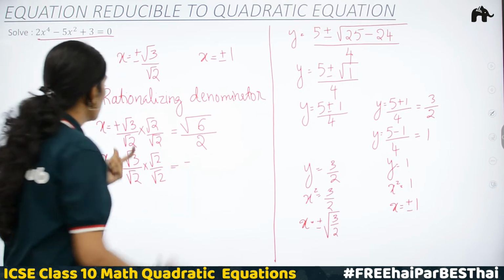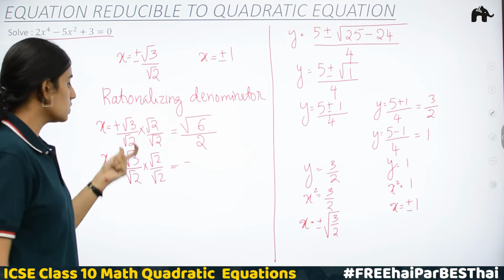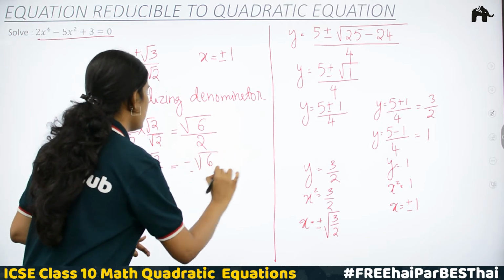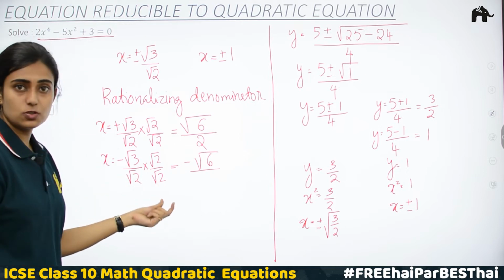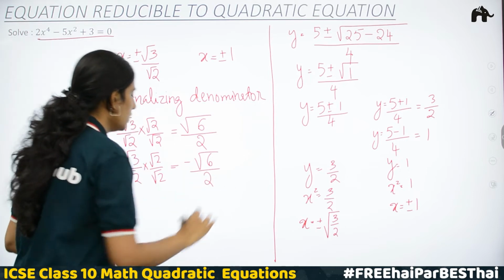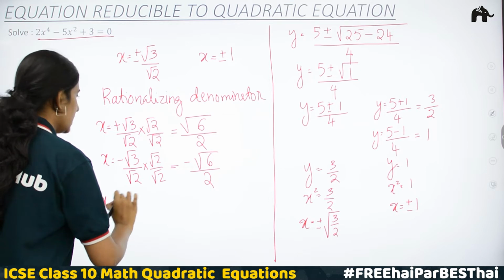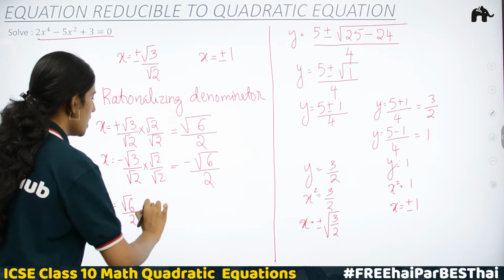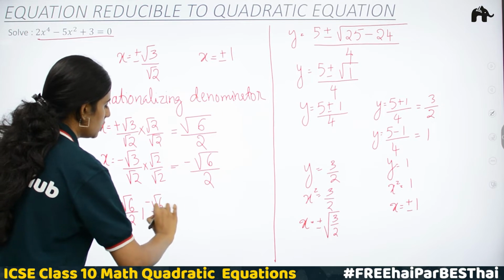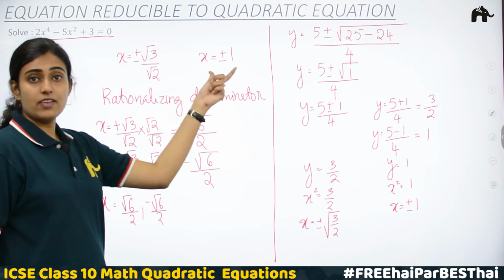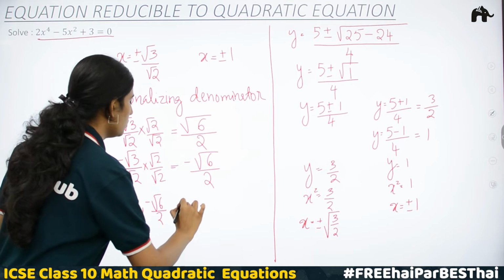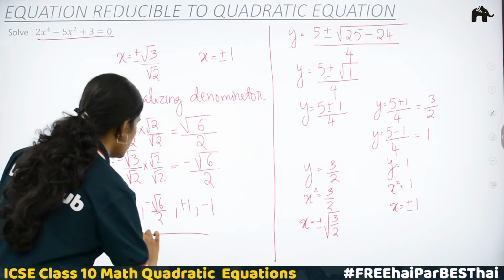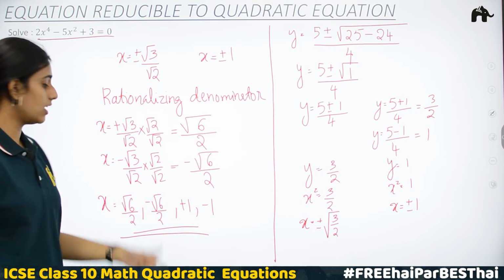Minus root 3 into root 2, that is root of 3 into 2, minus root 6 divided by root 2 into root 2 is 2. Okay. So, the values of x are x is equal to root 6 by 2, minus root 6 by 2. Then, we have two other values. X is equal to plus 1 or minus 1. These are the four possible values of x.